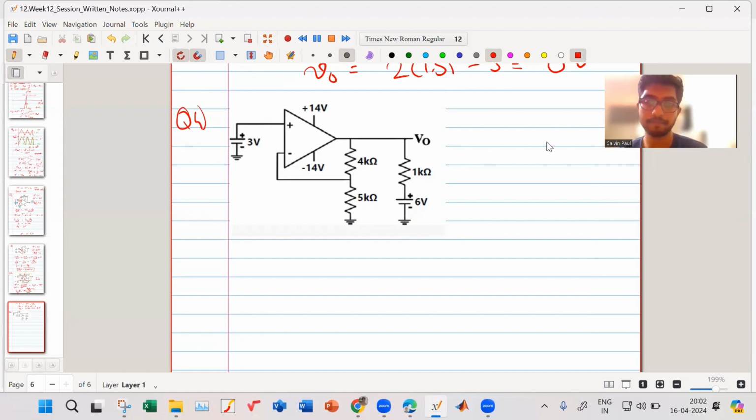Will that 1 kilo ohm and 6 volt have any role to play in V naught? You tell me. Since there is voltage connected, they might have. Possible. So till now, how are we solving the sums? What we used to do?